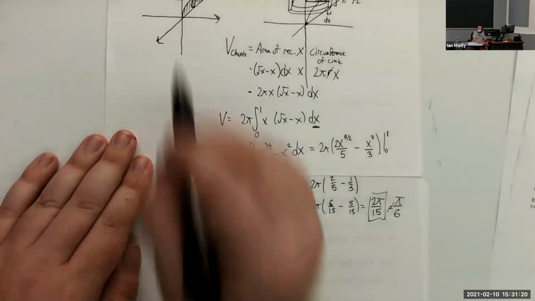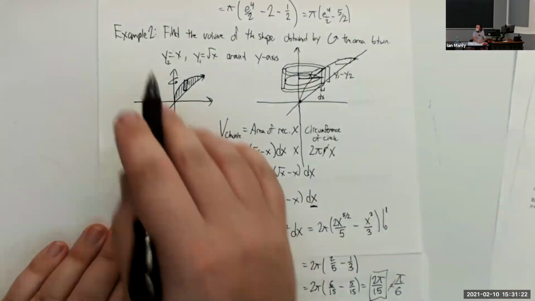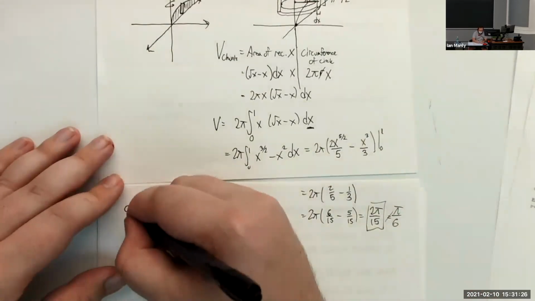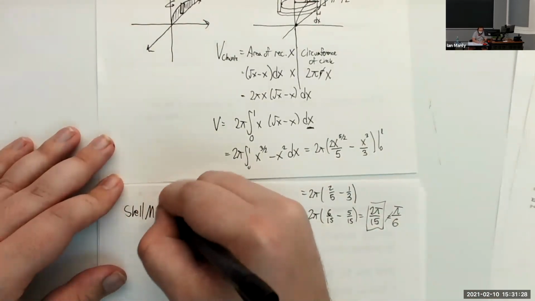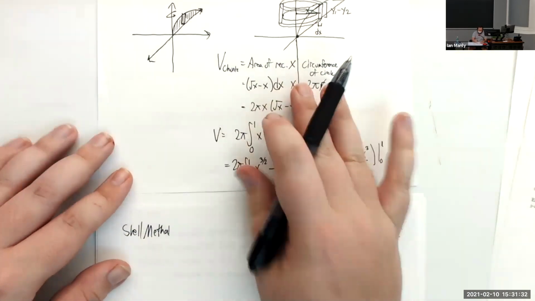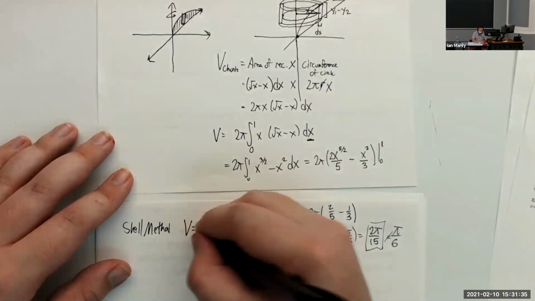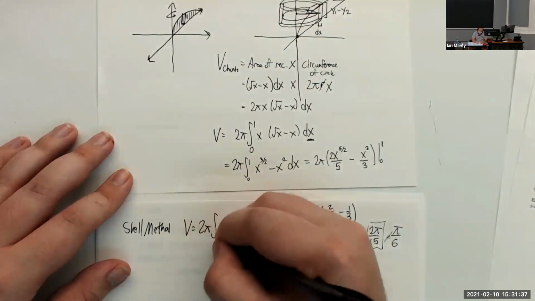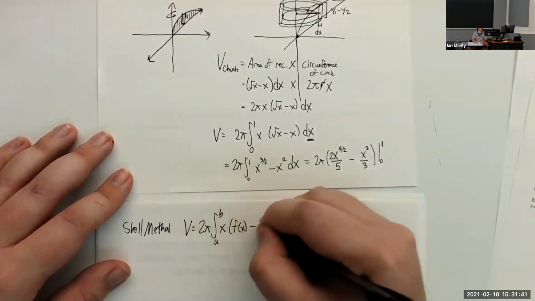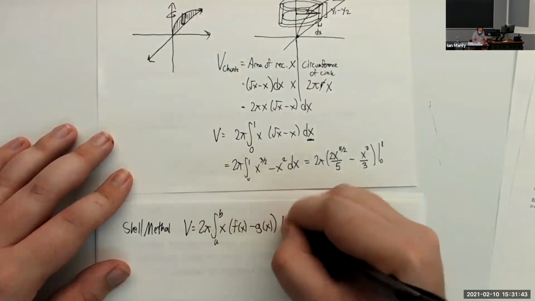All right. Is there a shell formula like there was for the washer? Absolutely. So this isn't, of course, specific to these two functions, x and root x. We can have a formula in general. So the shell method, and it's called a shell because we end up getting these shells when we rotate here. The shell method formula is V equals 2 pi times the integral from a to b of x, and then we have f of x minus g of x.